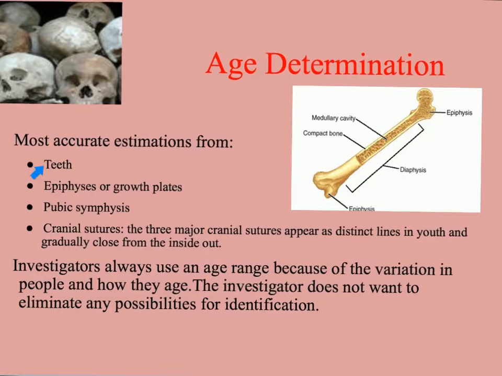Now, I will talk to you about the teeth and the cranial sutures being some of the easiest bones to work with in a beginning class. But investigators will always use an age range because of the variation between people and how they age. So we will have an age range set up, a certain age, plus or minus so many years.